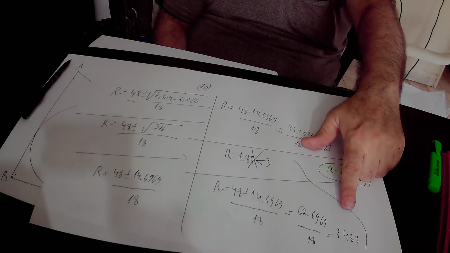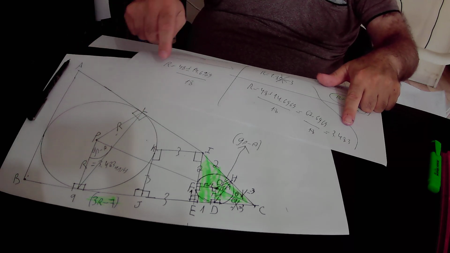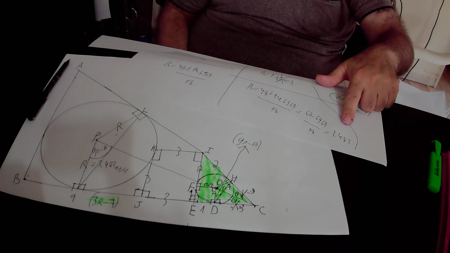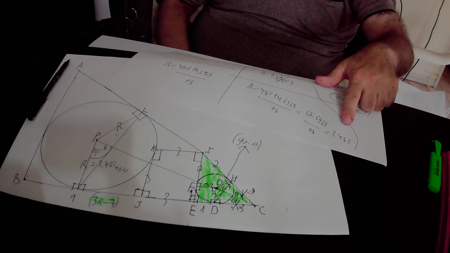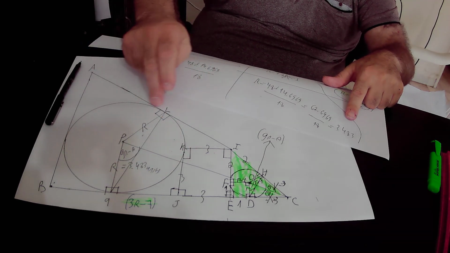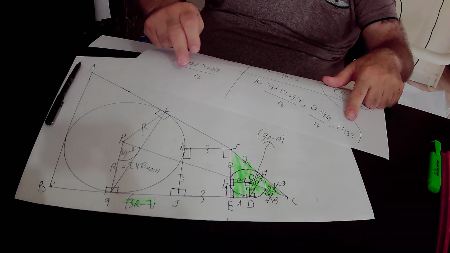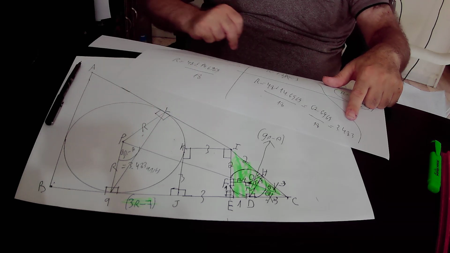So the answer to this question is that the radius of this big circle is equal to 3.483 units. Okay, repeat again. The radius of this big circle is equal to 3.483 units. Okay, thank you very much.